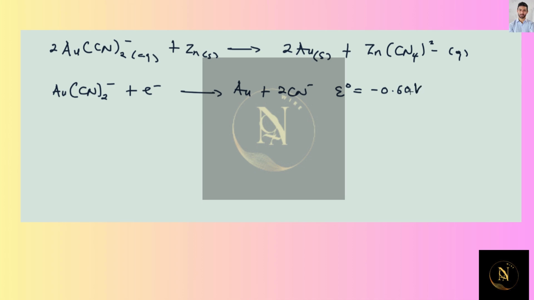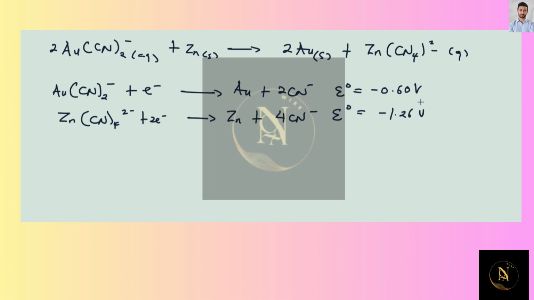And the second one is Zn(CN)4 2 minus plus 2 electrons to produce zinc plus 4CN minus, and the reduction potential for that is minus 1.26 volts.